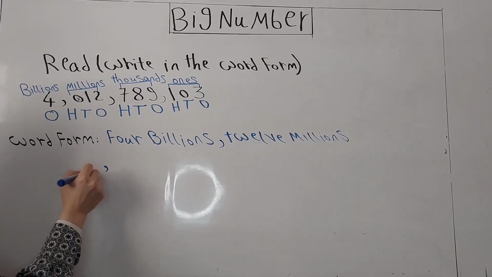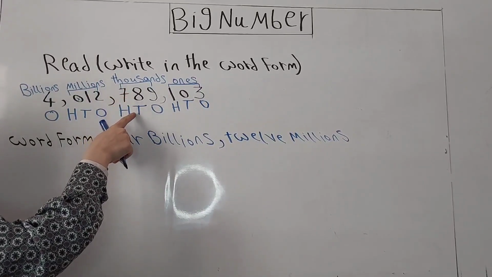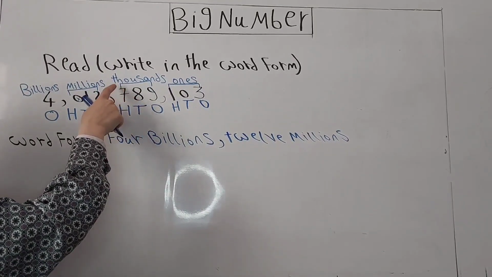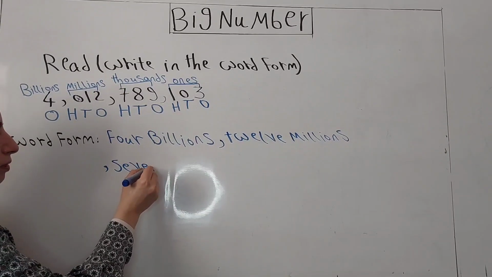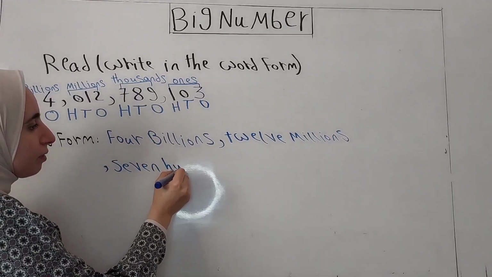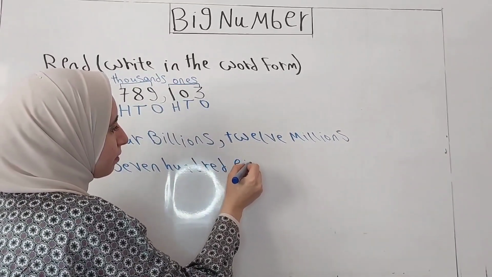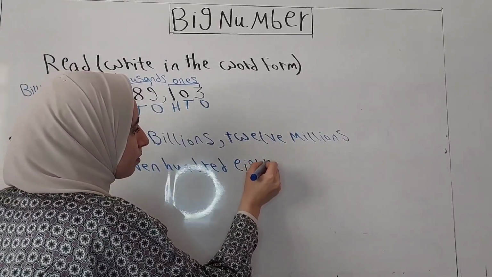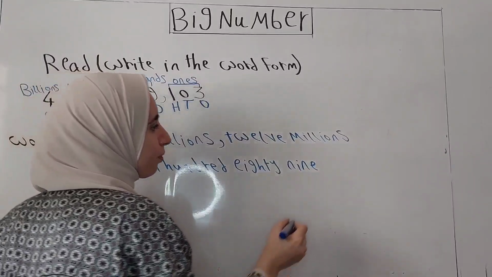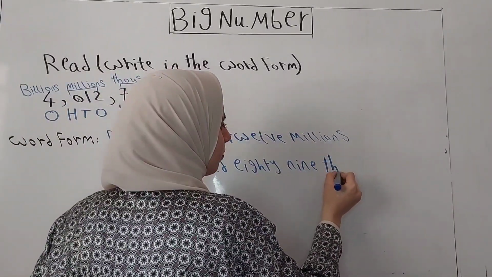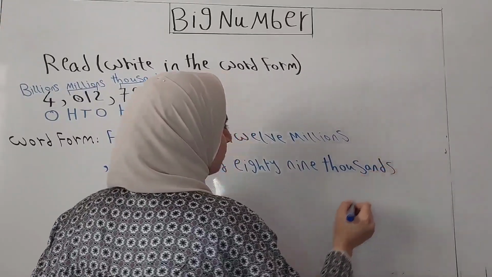Then we read the family of thousands: 789,000.